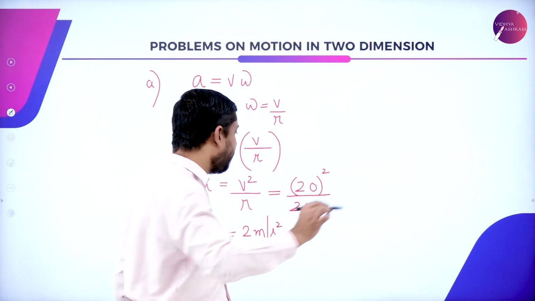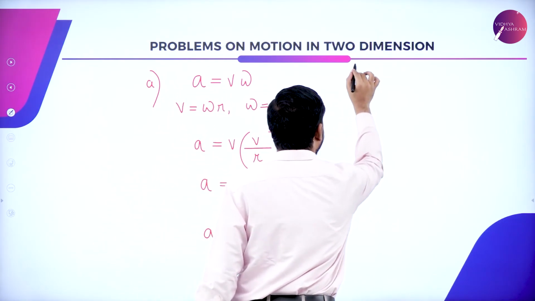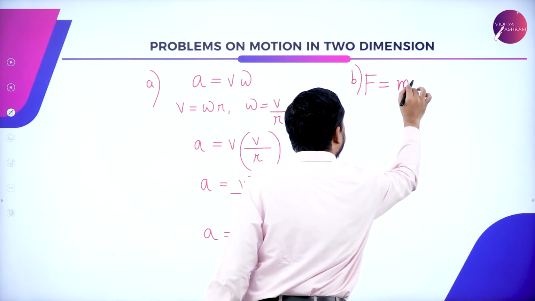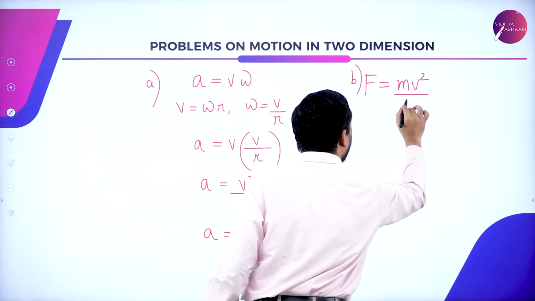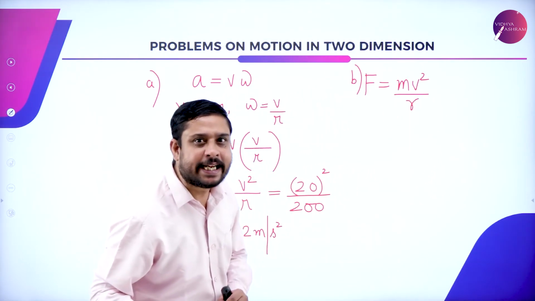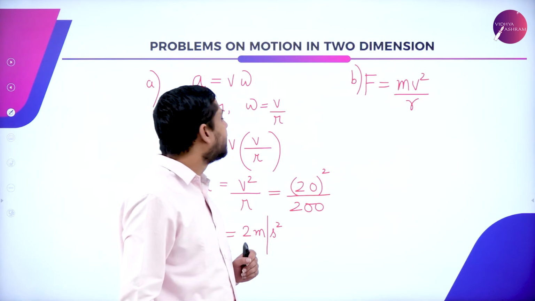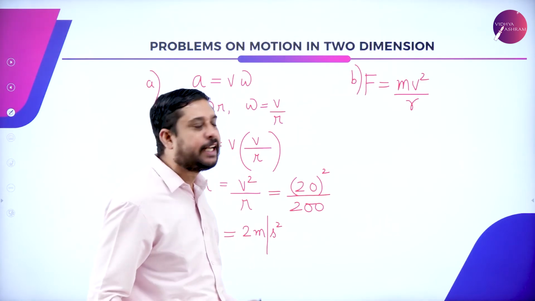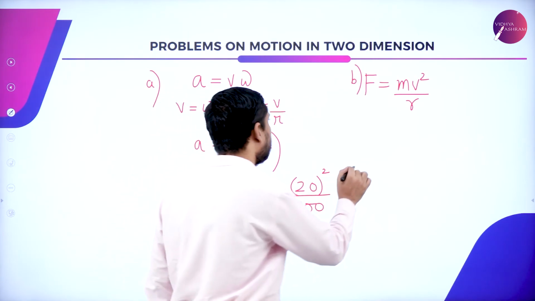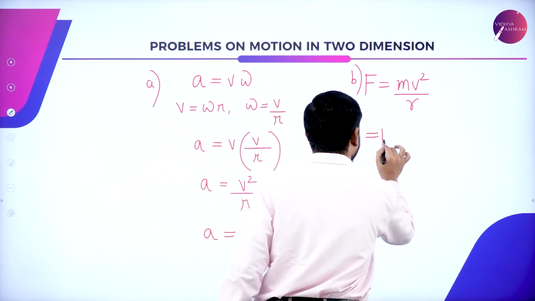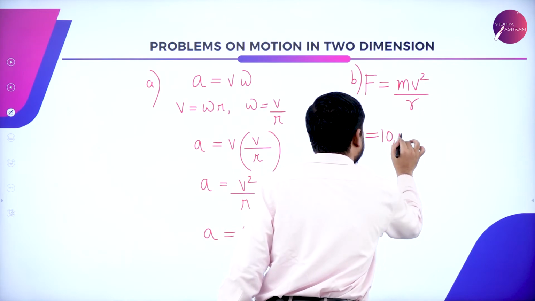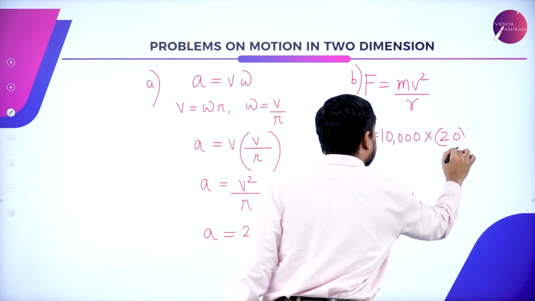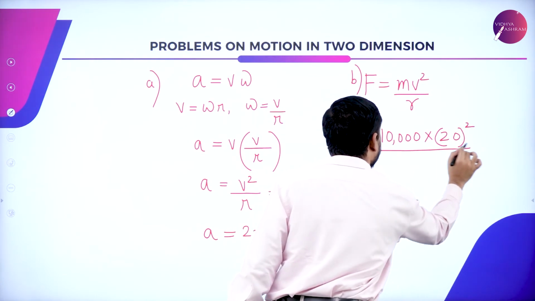Now the centripetal force F is mv square by r. We have studied in our concept class the centripetal force F is mv square divided by r, or this is 10,000 into 20 square divided by r.